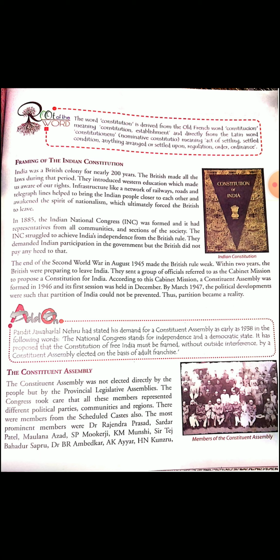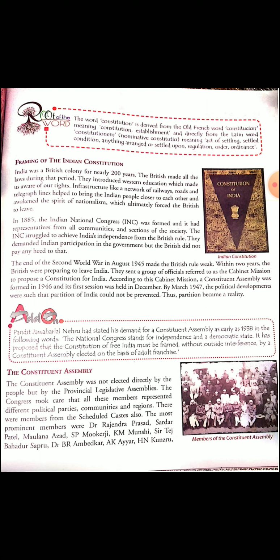Now, there were minority groups, like the Anglo Indian community. I hope you know what minority groups are. Minority groups are those whose population is found in very small numbers. So there were minority groups like the Anglo Indian community, which was represented by Frank Anthony.